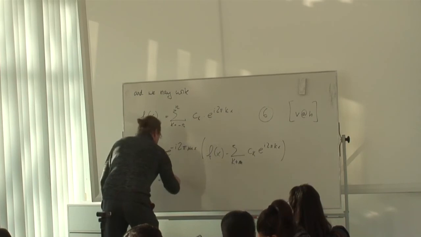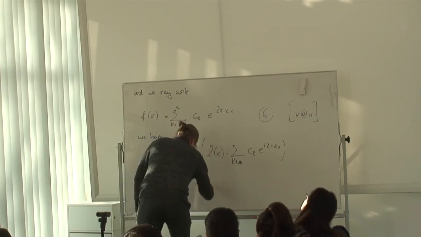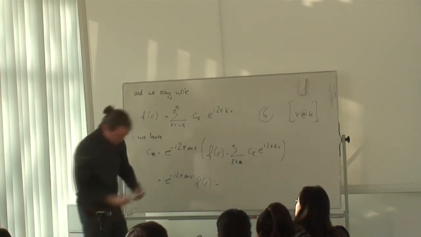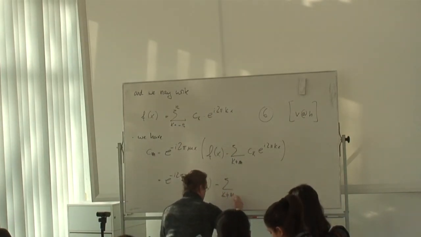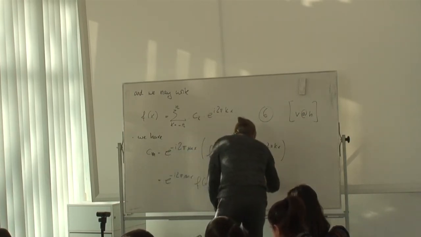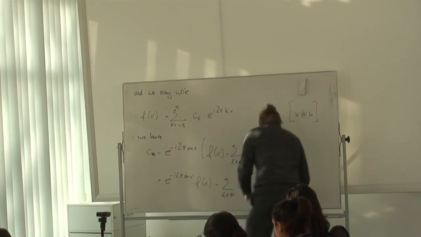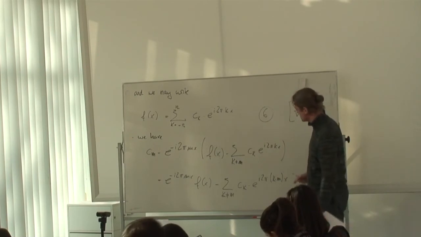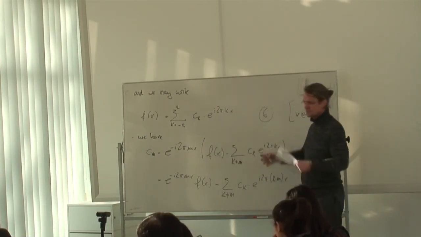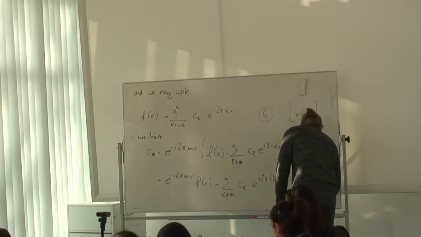So we get e to the minus i 2 pi mx times f of x minus the sum where k is not equal to m, ck times e to the i 2 pi, and now (k minus m)x. I just multiplied this factor into this difference here, and then we have an exponential here, an exponential here. I can write them together like that. This shall be called 7.